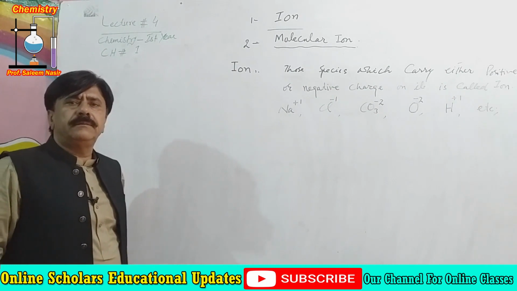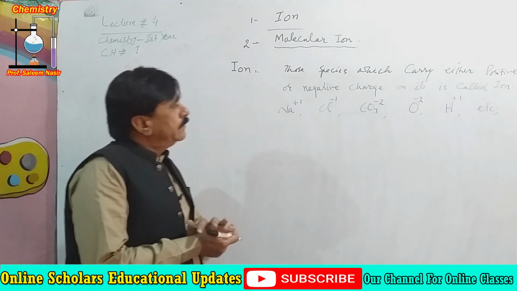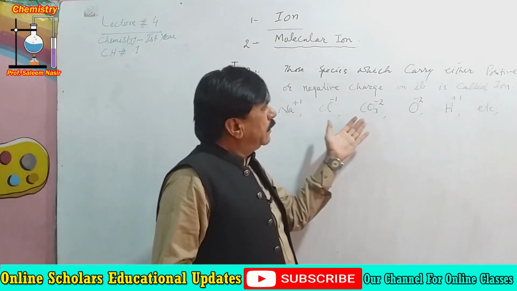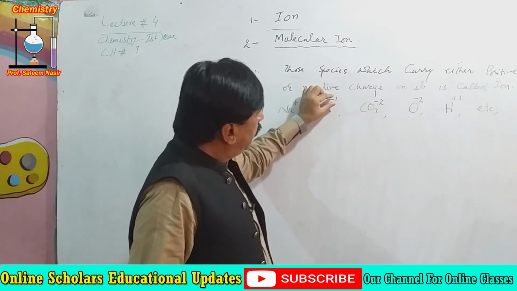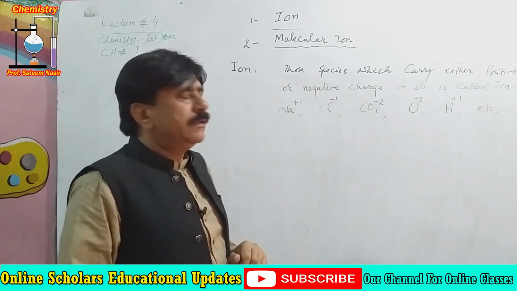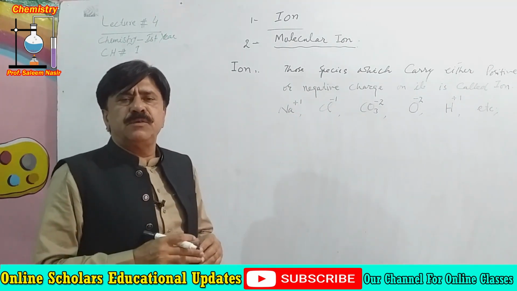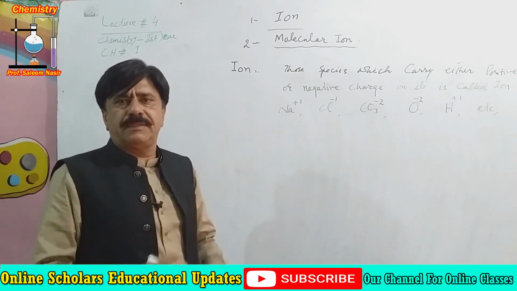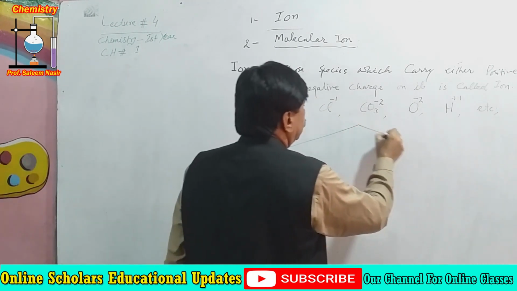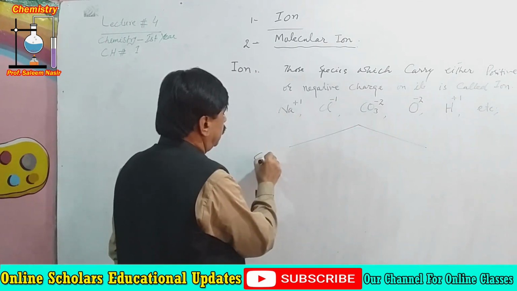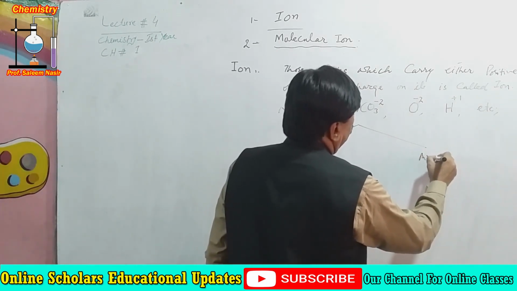Students, you must know that there are ions holding positive and negative charges. So on the basis of that apparent charge, we divide the ions into two classes, that is cation and anion.